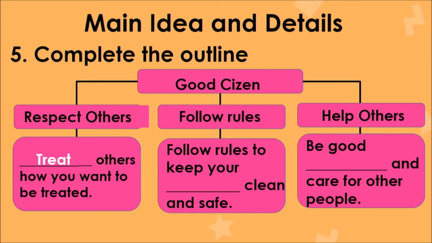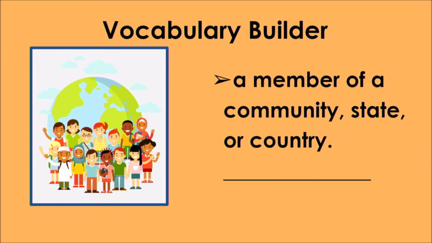Follow rules to keep your community clean and safe. The answer is community. And the next one, help others. Be a good neighbor and care for other people. The answers are treat, community, and neighbor.